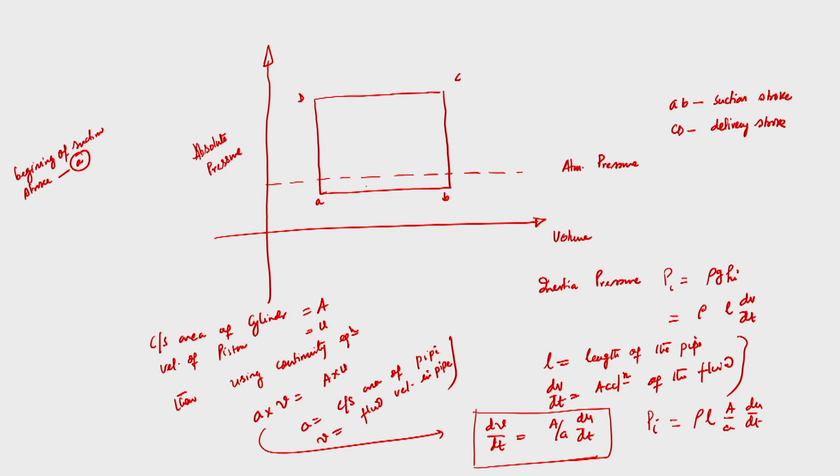The liquid in the suction pipe must be accelerated, because the piston is trying to move from the end to the front. So the pipeline liquid will be accelerated. It was initially at rest, now it will be accelerated.